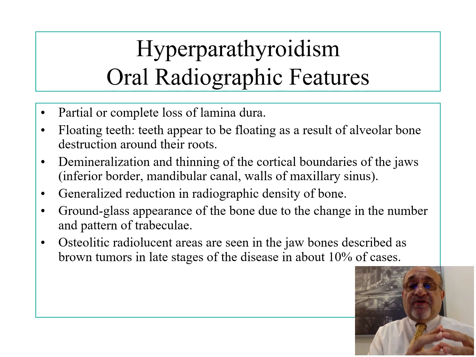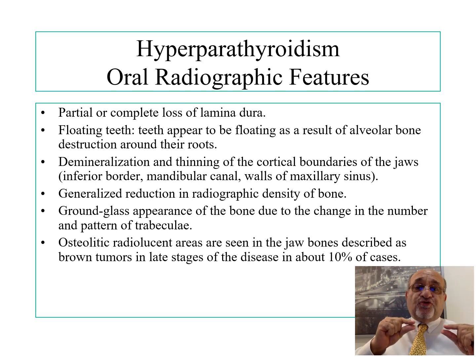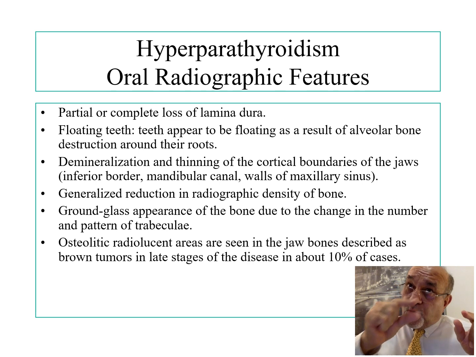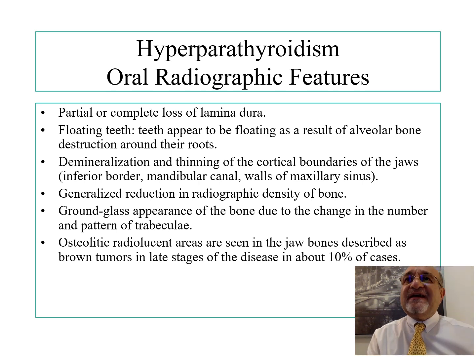Demineralization and thinning of the cortical boundaries of the jaws, especially the inferior border, will appear thinner than usual. The mandibular canal walls will disappear, and the walls of the maxillary sinus will appear thinner than usual.